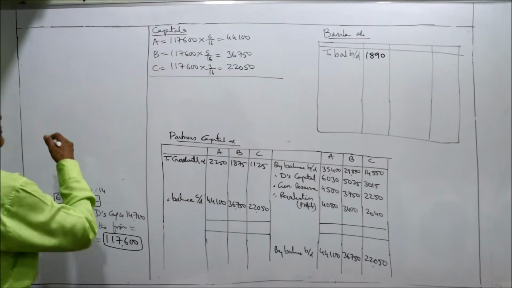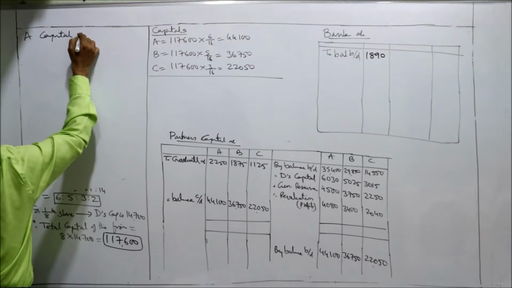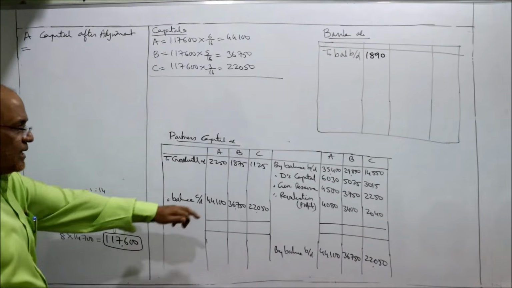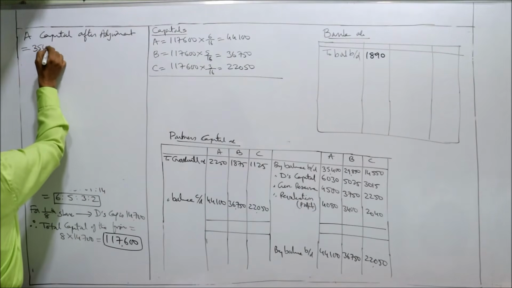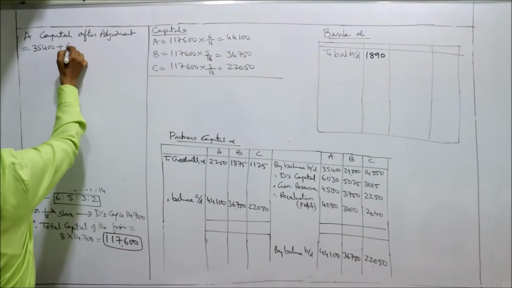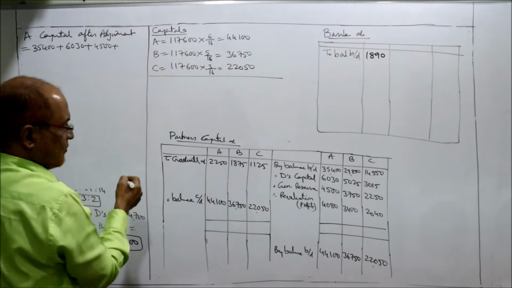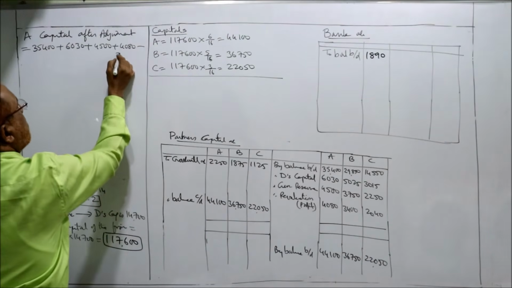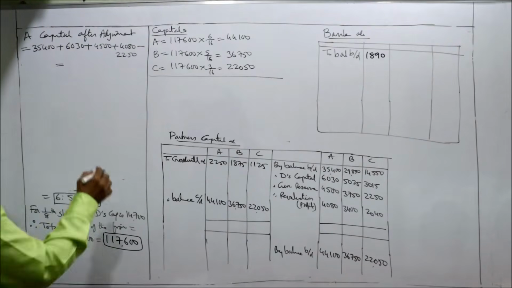Now, A's capital after adjustments is equal to, now see here, how much are the amounts on the credit side of A's capital? 35,400 plus 6,030 plus 4,500 plus 4,080 minus 2,250, that is equal to 47,760.